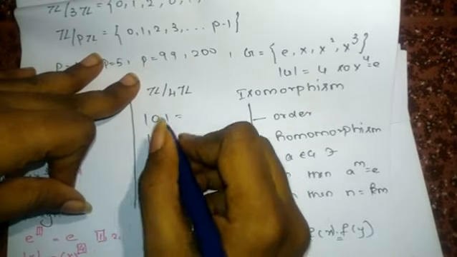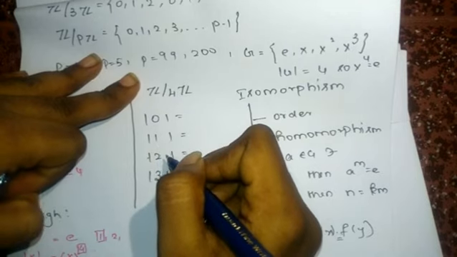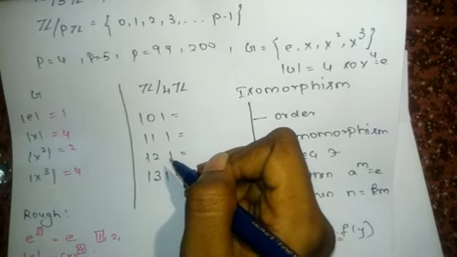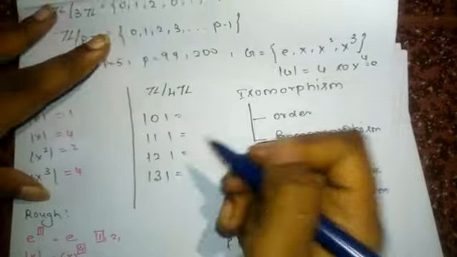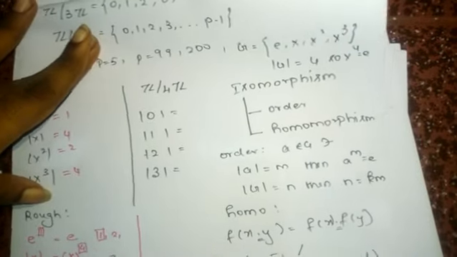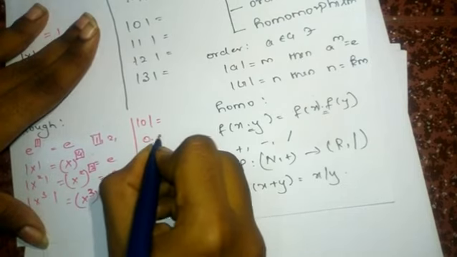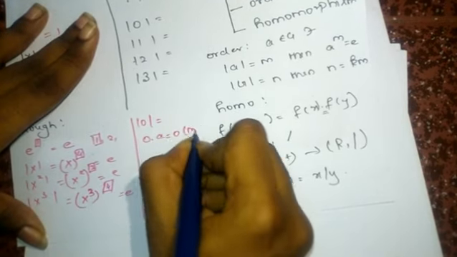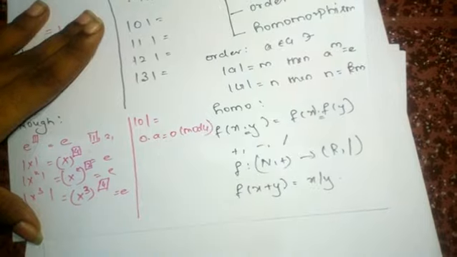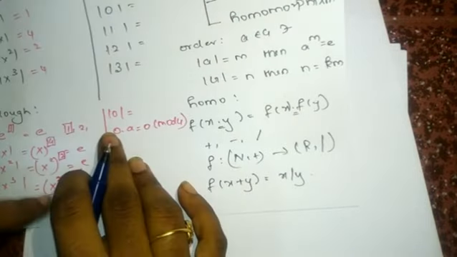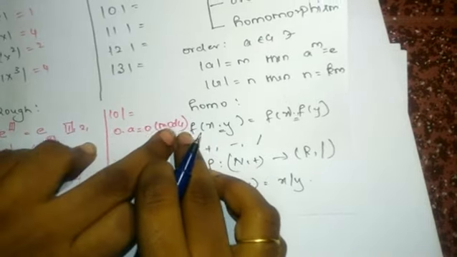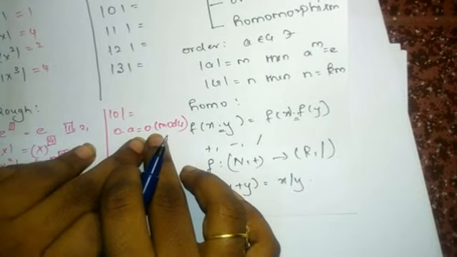Now we are going to find the order of 0, 1, 2 and 3. Okay friends, let's do it now. So the order of 0: I am going to find a such that 0 into a is equal to 0 mod 4. That is, I multiply these two numbers, divide by 4, and get the remainder 0.